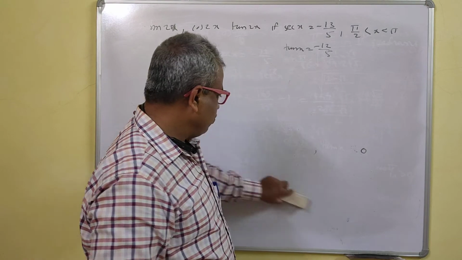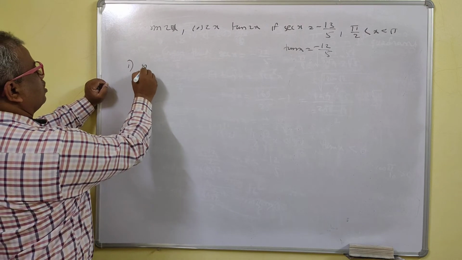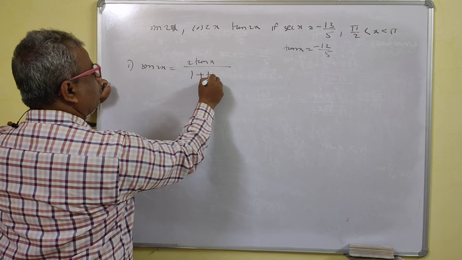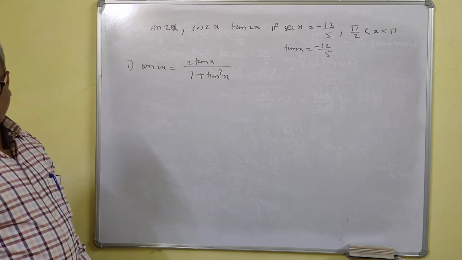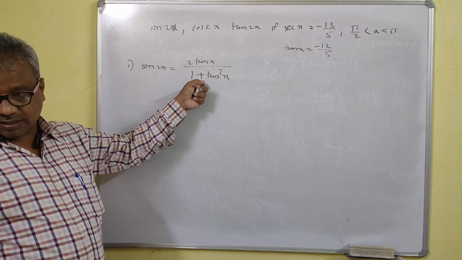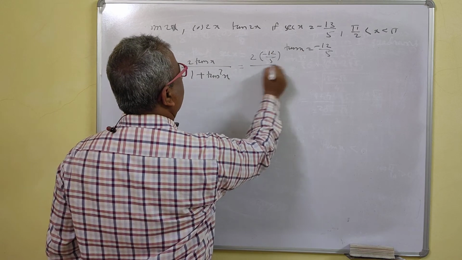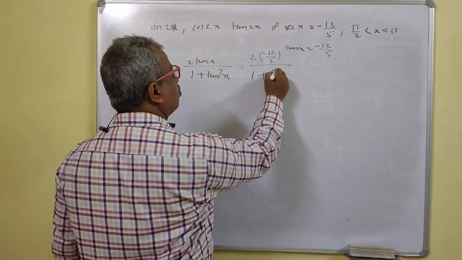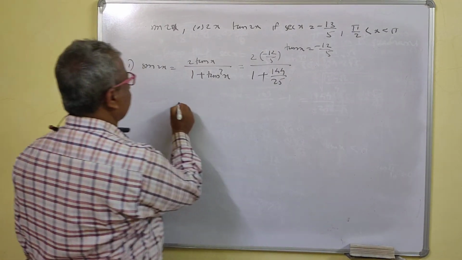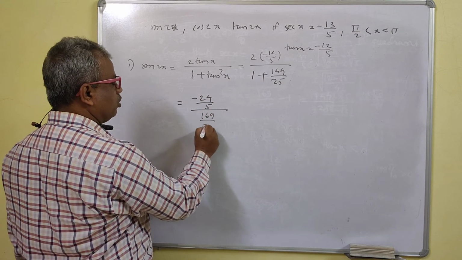So what will we do now? We will write all the formulas of sin twice x in terms of tan x. So sin twice x is 2 tan x upon 1 plus tan square x. The formula for tan twice x is also, 2 tan x upon 1 minus tan square x. So this is 2 into minus 12 by 5 upon 1 plus tan square, 144 by 25, so this is equal to minus 24 upon 5 upon 169 upon 25.